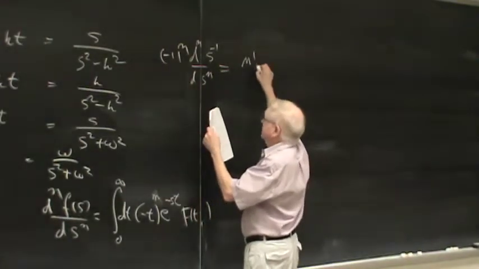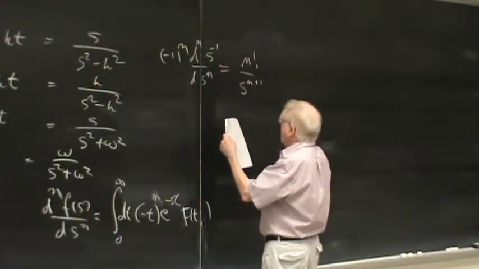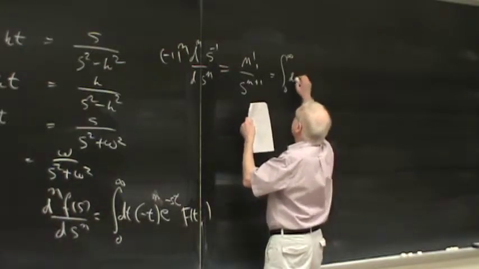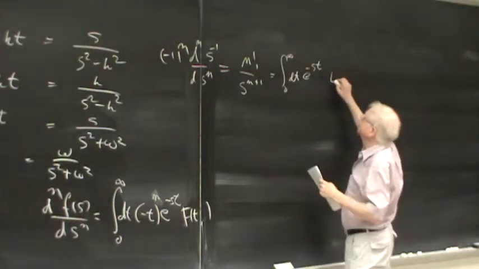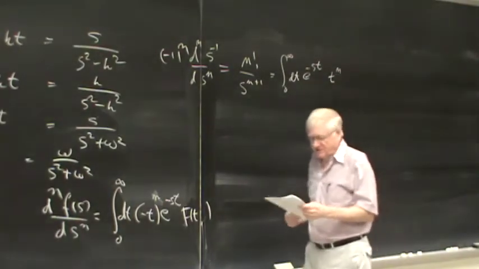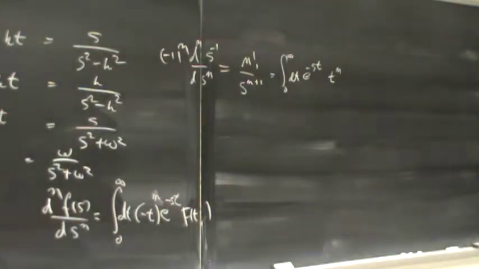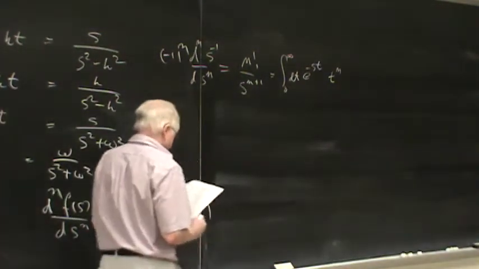This is n factorial over s to the n plus 1, and that is the integral from 0 to infinity dt of e to the minus st times t to the n. So we learned that the Laplace transform of t to the n is n factorial over s to the n plus 1.